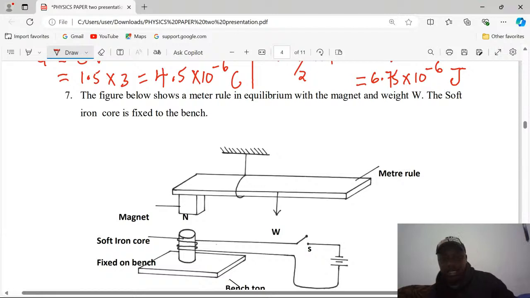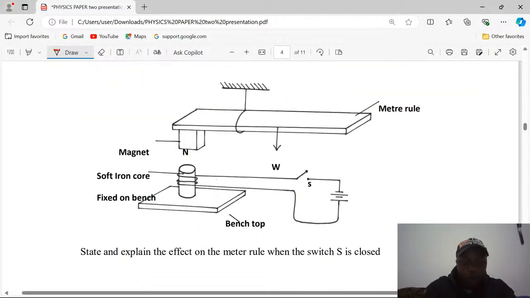Let's look at this question. Please make sure you are attentive. The figure below shows a meter rule in equilibrium with a magnet and weight W. The soft iron core is fixed to the bench.